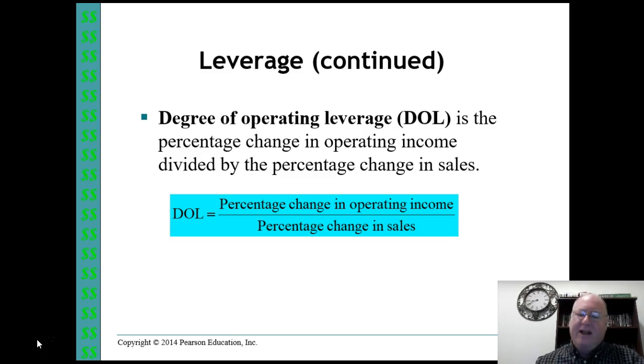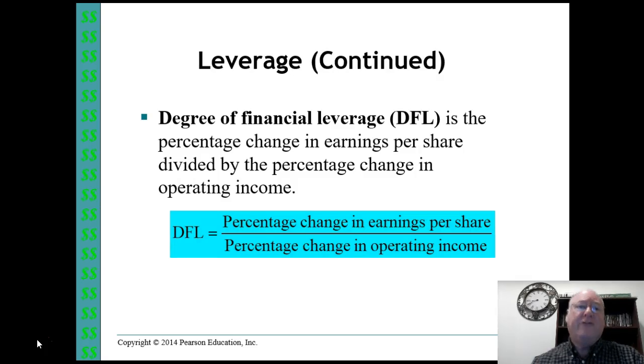Conversely, you also have what's called the degree of financial leverage, which is the percentage change in earnings per share divided by the percentage change in operating income. So now you are taking that line item of operating income, which is earnings before interest and taxes, and you're comparing that down to your bottom line, which is after interest and taxes.